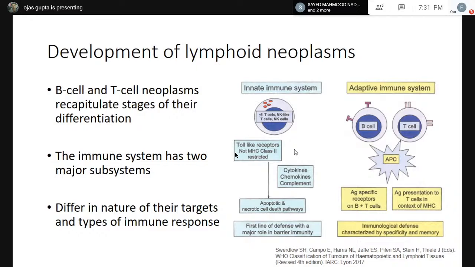The adaptive immune system is based on immunological defenses and is characterized by specificity and memory. Here B and T cells are involved, with their specific B cell receptors and T cell receptors. Antigen presenting cells are required to present antigens with the help of the MHC receptor complex to T cells, and antigen specific receptors are present on B and T cells.